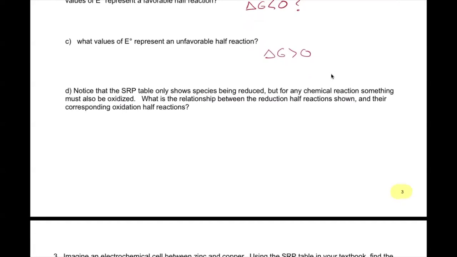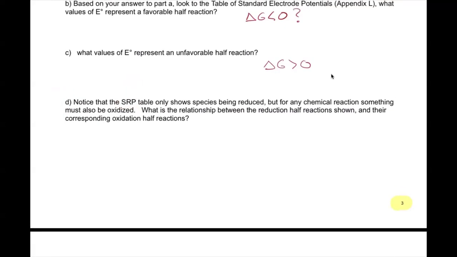In question D, right, we're looking at this table of standard reduction potentials. That's Appendix L. And what this question is really asking is, how can you use that table of reduction potentials to determine which reactions are most likely to stay as reductions and which reactions are most likely to go as an oxidation?